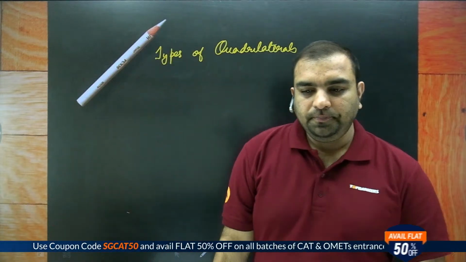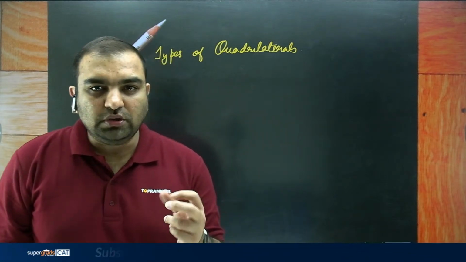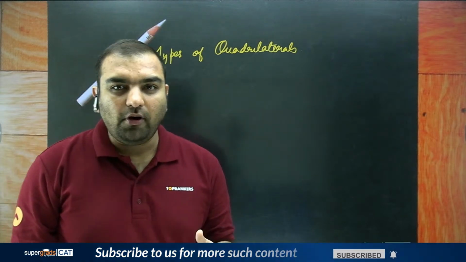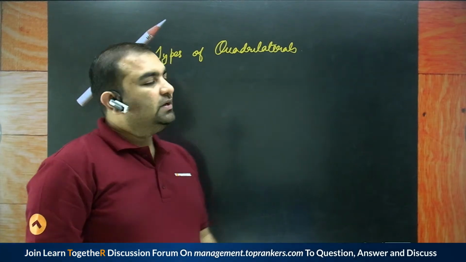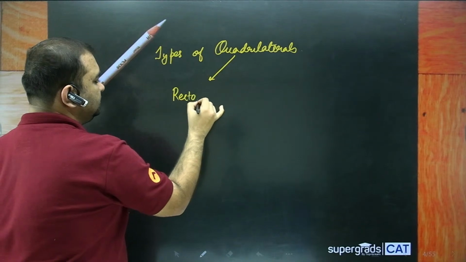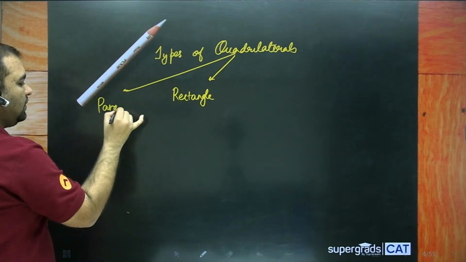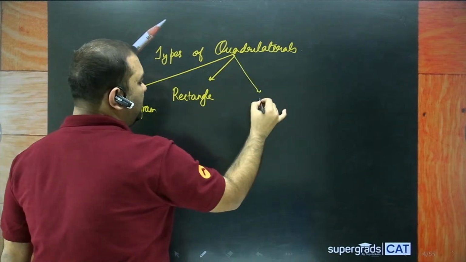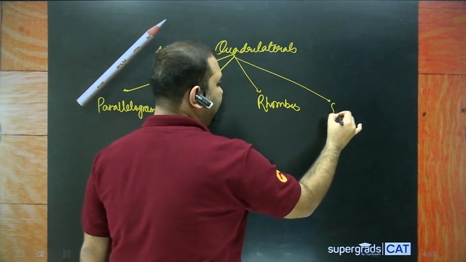Quadrilateral is a general figure of four sides. Now, if four sides become equal, what is it called? If four angles become equal, what is it called? Two angles, two sides equal, what is it called? And so on. So they are basically rectangle, parallelogram, rhombus, square majorly.